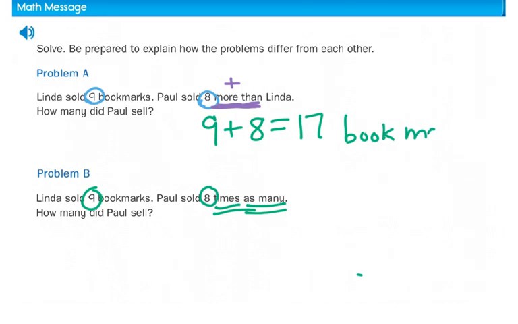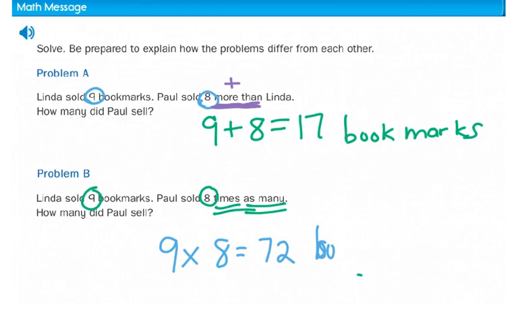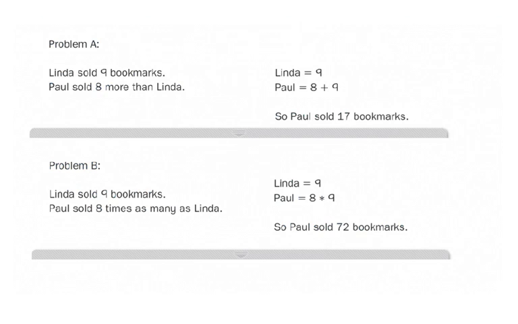The word more than means to add. Now, if I look at problem B, Linda sold 9 and Paul sold 8 times as many. So in this case, he sold 72 bookmarks. The difference is the wording in times and more than. So this would be what it would look like.